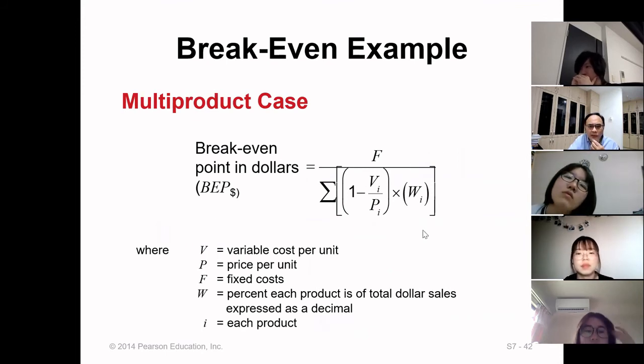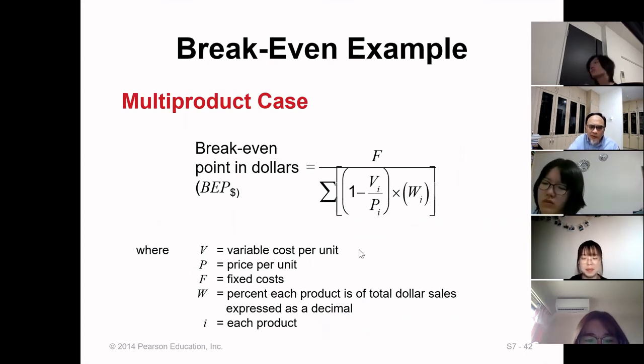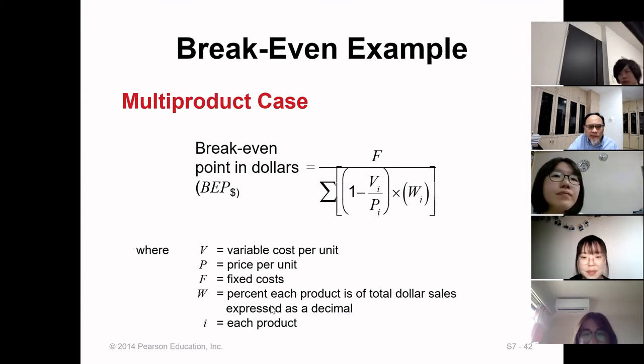The formula is just adding another formula. In the multi-product case, you put in weights, which is the percent of each product of total sales expressed as a decimal.